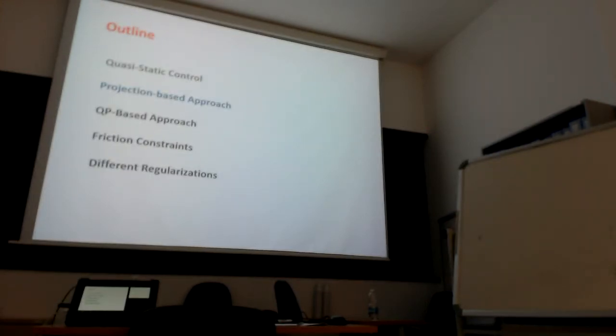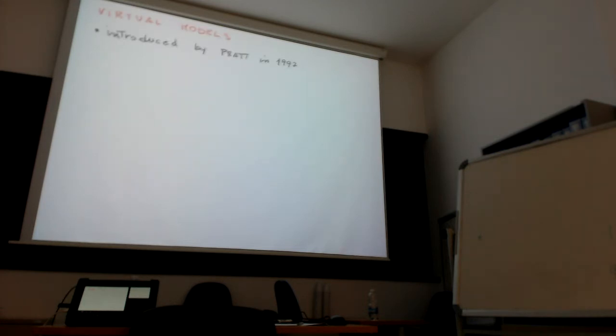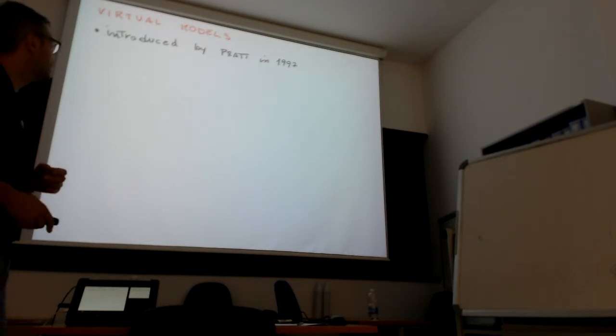What do we do with this desired wrench? There are different ways to map it into contact forces. The simplest one is a projection-based approach, introduced back in '97 by Jerry Pratt.